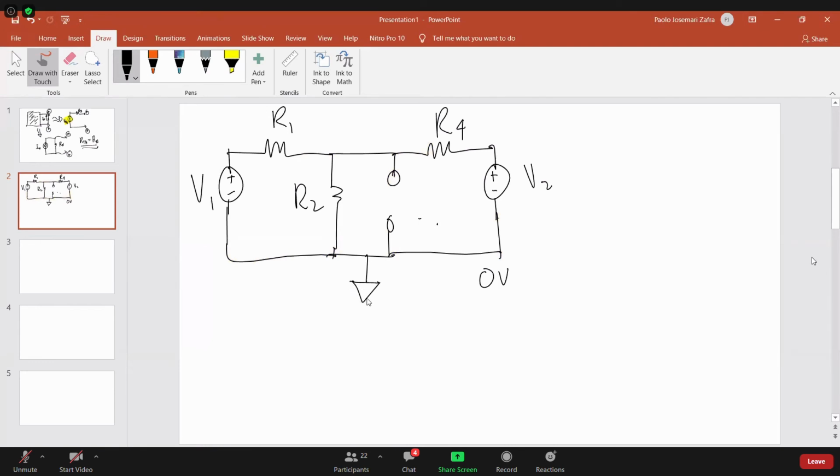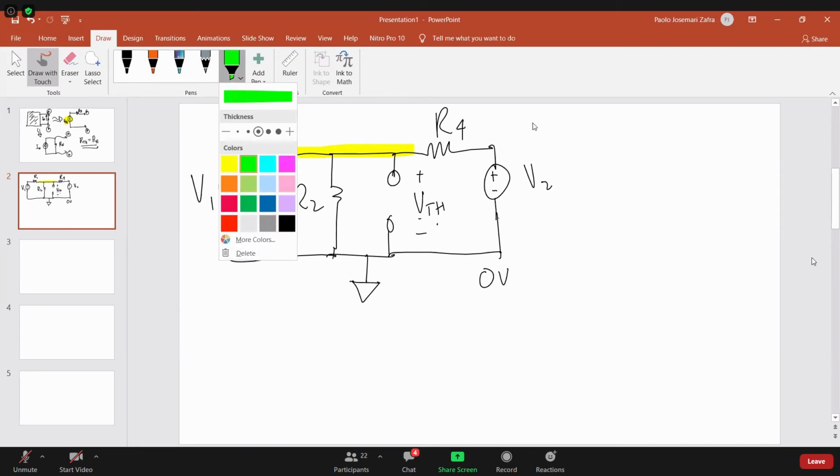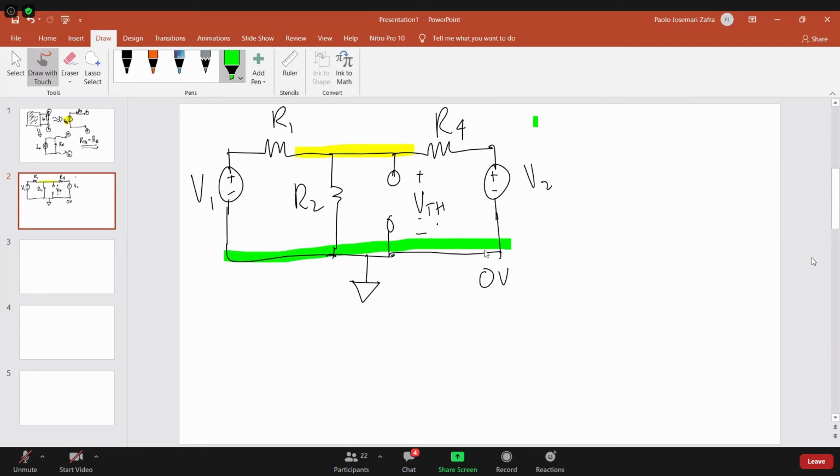So your VTH is the voltage across these two terminals. Another interpretation is that if you look at node voltages, you can take the difference between the voltage at the top and at the bottom to get your VTH.